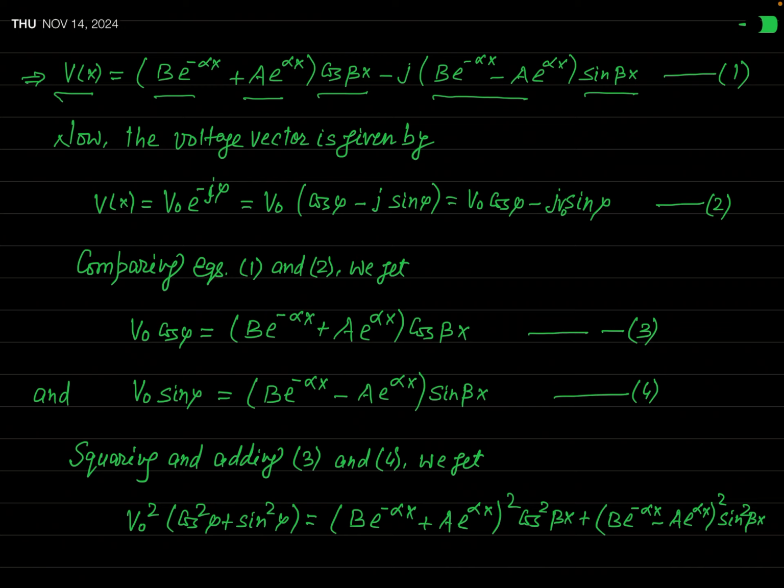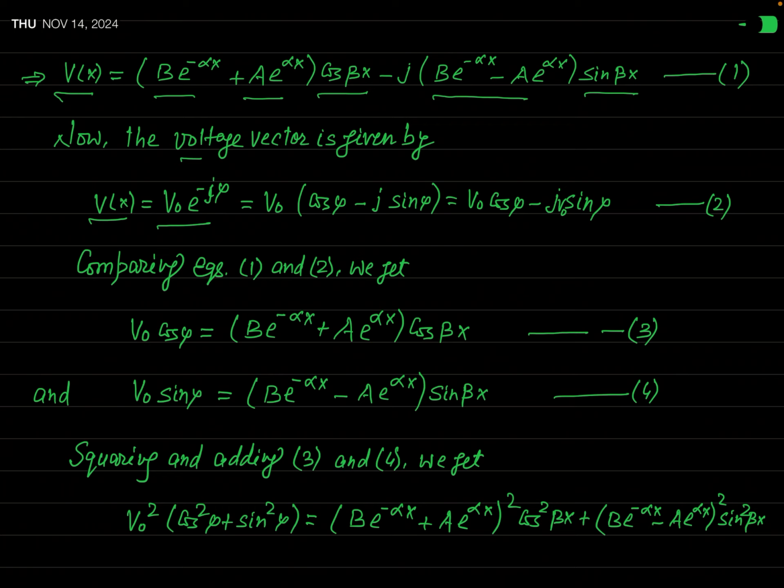Now, as you know, the alternating voltage and current are treated like a vector, or you can say they are treated like a phasor. So in vector form or in phasor form, this voltage V is written as V naught times e to the power minus j phi.